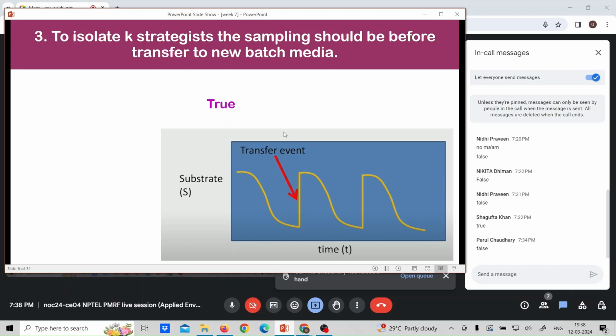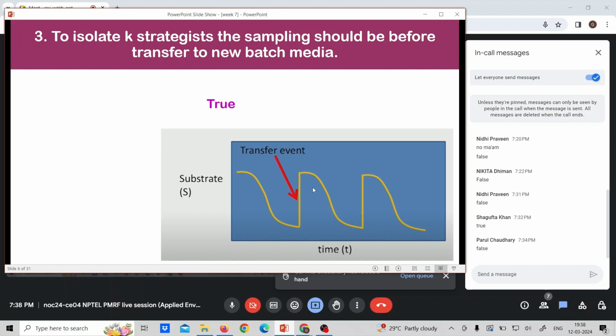So if you want to know what K strategists are present, you have to sample just before transferring to a new medium. If you want to know the R strategists, you just have to sample right after transferring to a new medium. So in this zone you will have R strategists, and in this zone you will have K strategists.